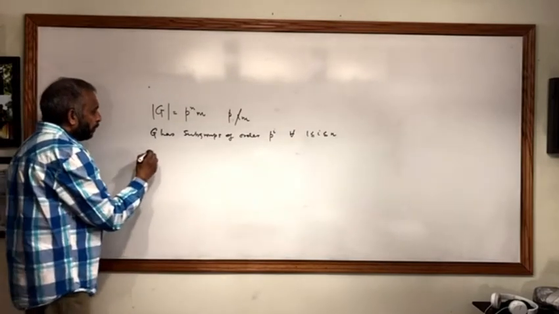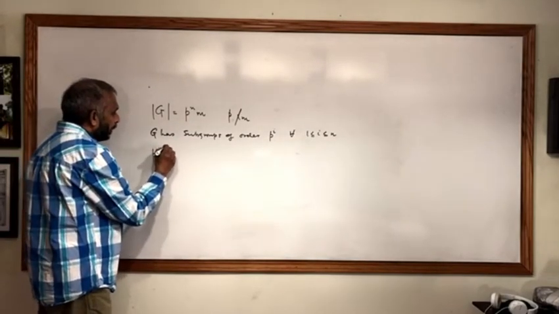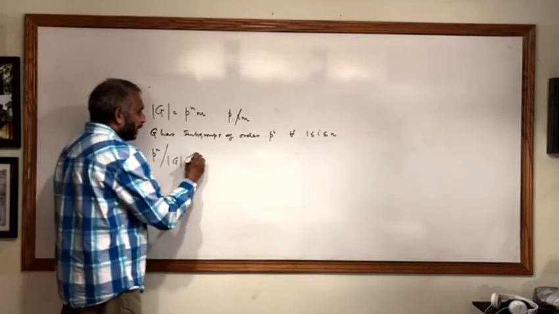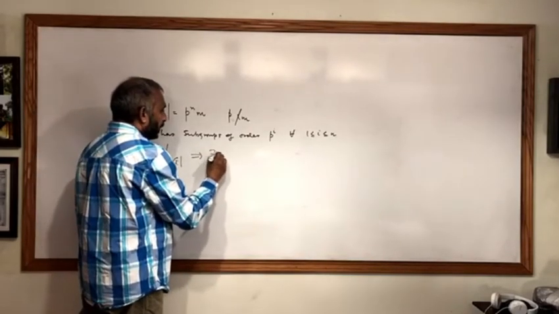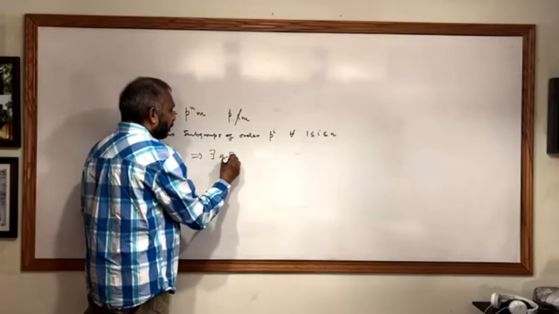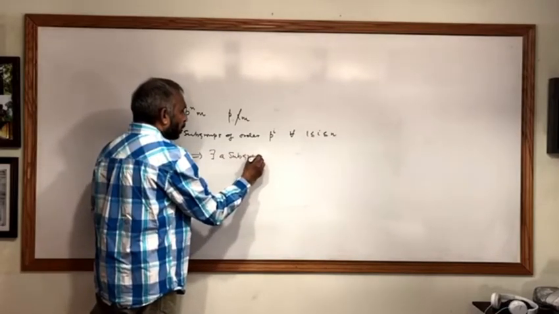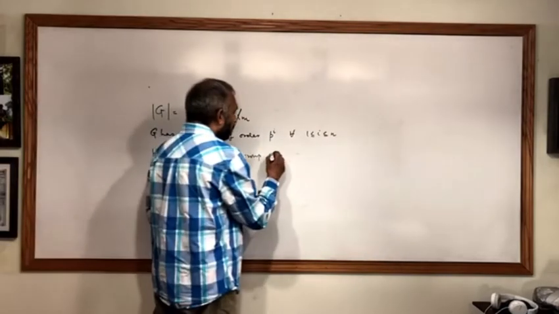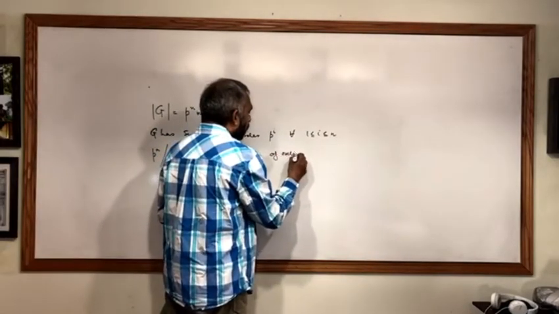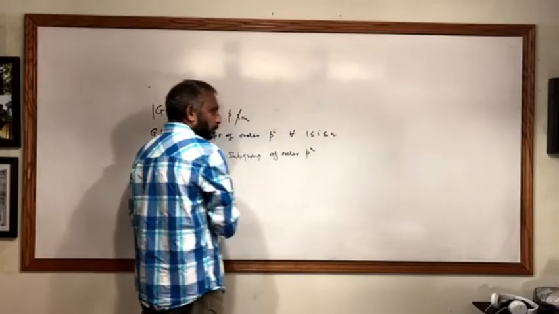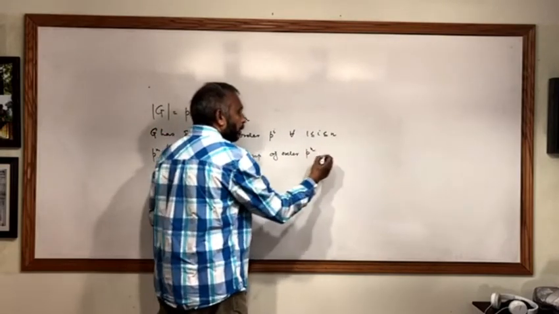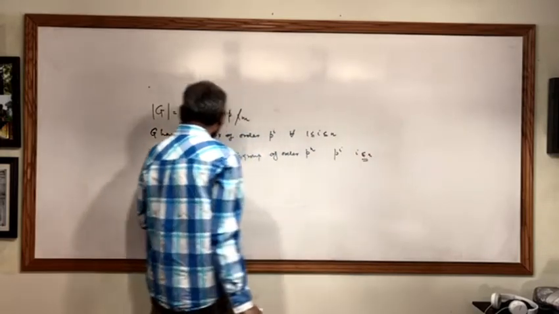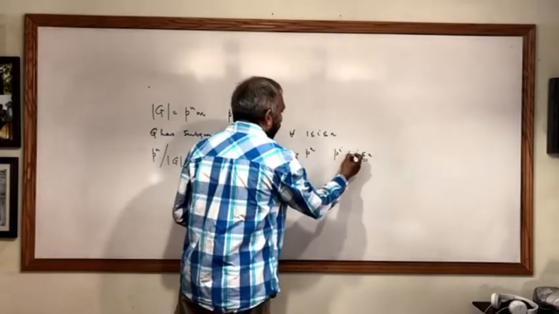In other words, if p to the power of n divides the order of G, that implies there exists a subgroup of order p to the power of n, or any p to the power of i where i is less than or equal to n.